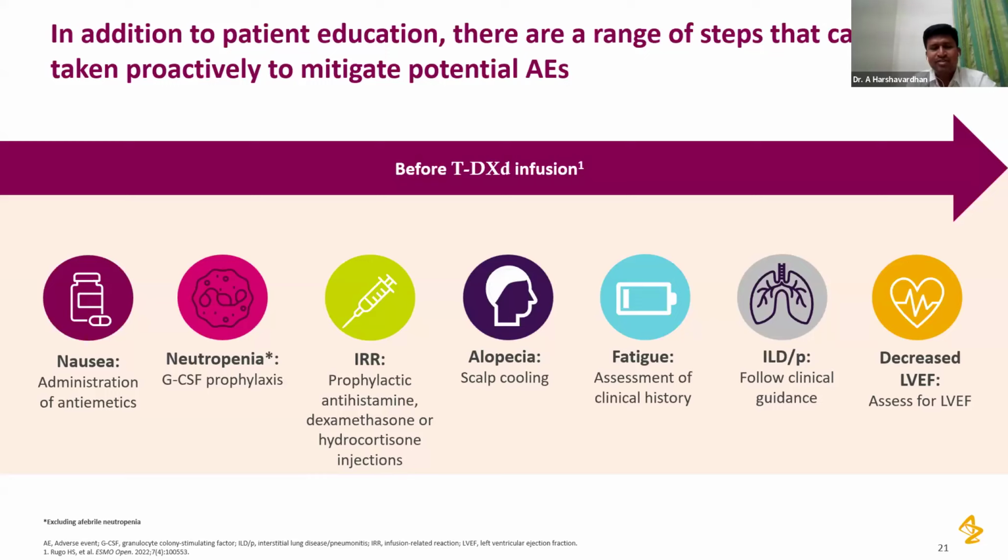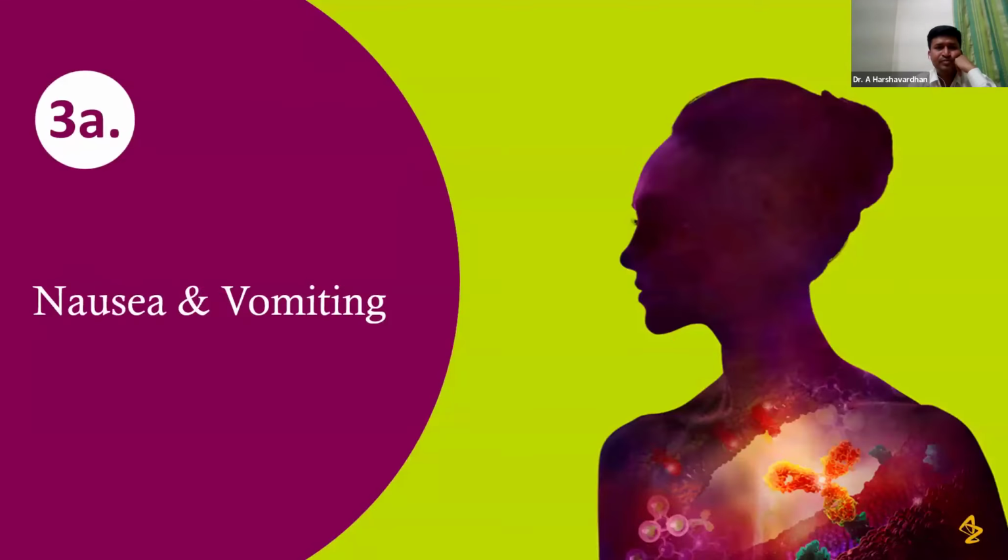Even though there is no data to support it, we can use it like any other chemotherapy-induced alopecia. And fatigue, we can assess with a clinical history. ILD also we will follow with clinical history. Signs are very important so that we can assess. And for decreased LVEF, assess LVEF before starting the patient on T-Dxd.